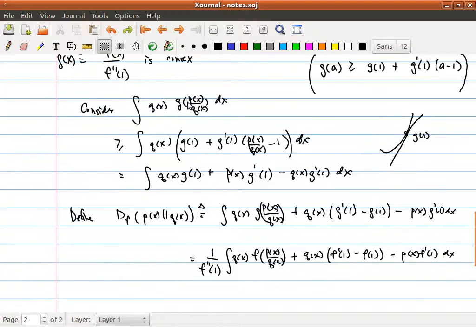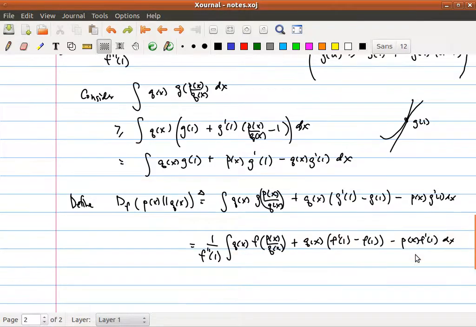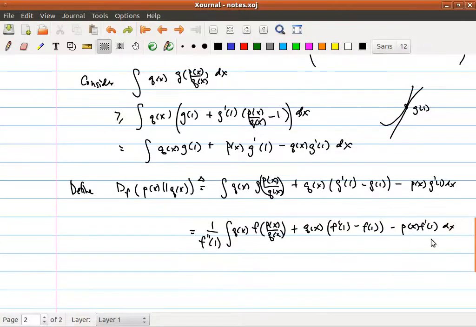From our discussion, we know that this is always bigger than this term here, so this definition of the f-divergence is always bigger than or equal to 0.